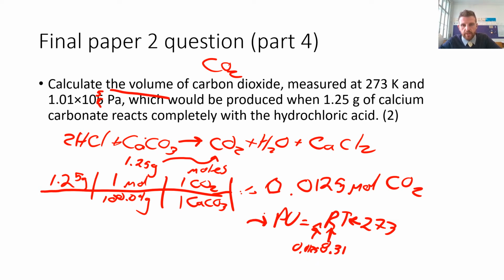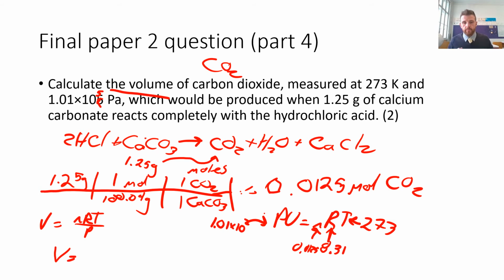And the pressure, I need to switch to kPa. So I get 1.01 times 10 to the second. And from here I can solve for volume. V is equal to nRT over P. I'm going to just substitute all my numbers in.